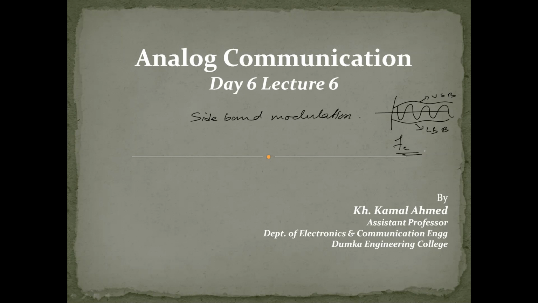The modulated signal has the information in the whole band except at the carrier frequency. I can't consider frequency modulation because in frequency modulation, frequency is varied. So it is applicable only for amplitude modulation and phase modulation.